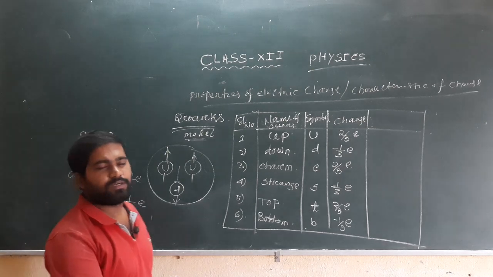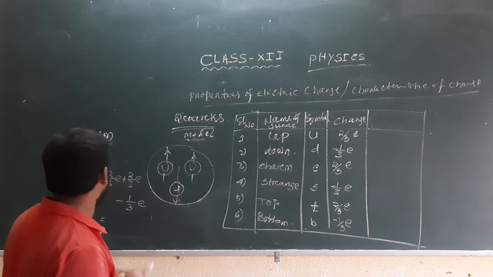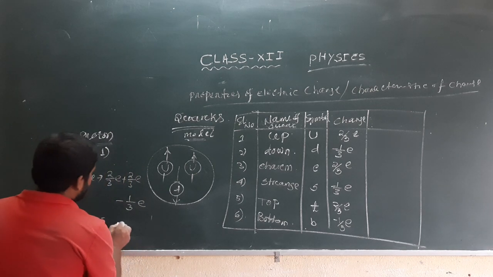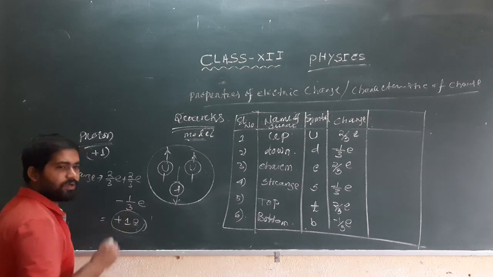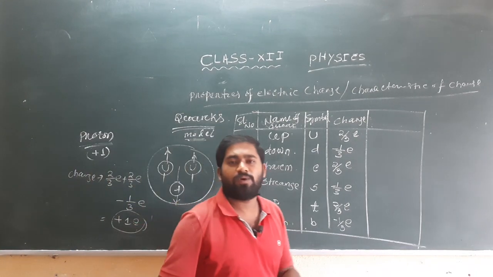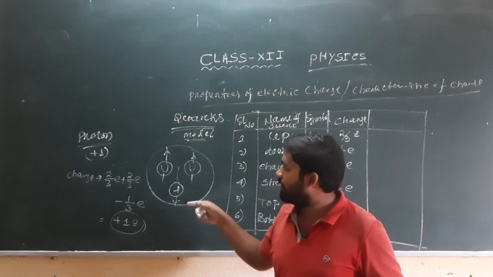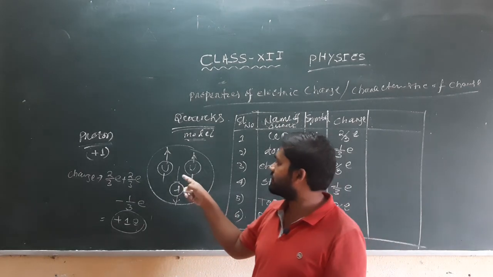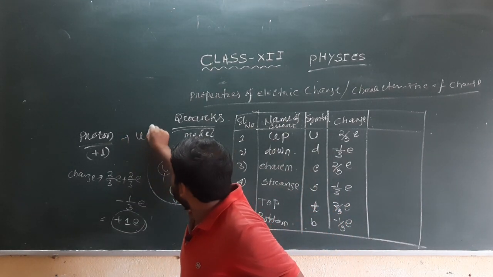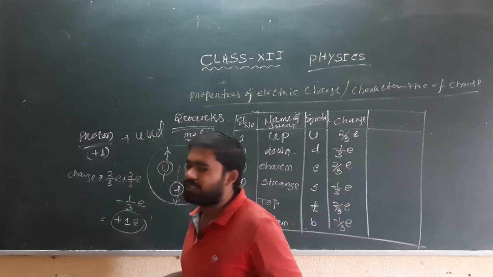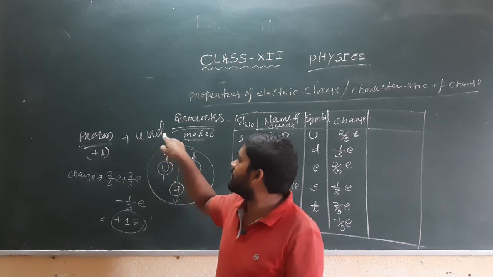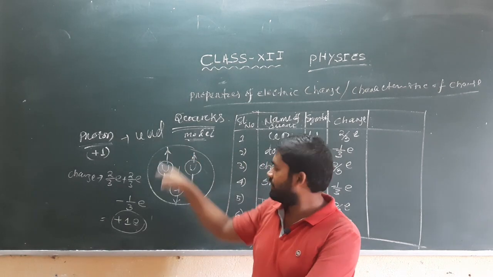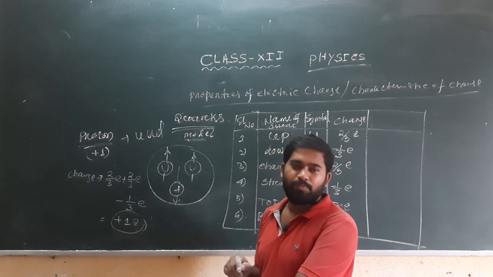If we calculate all the values, the resultant charge will be plus 1 e. So one proton can be represented by 3 quarks as UUD, that is two up quarks and one down quark, and the resultant charge will be positive.